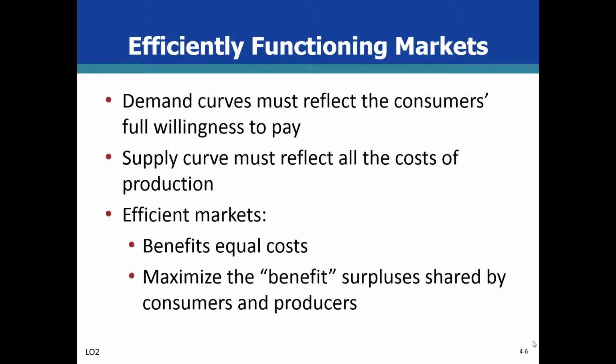Economists maintain that properly functioning competitive markets achieve economic efficiency. When they are efficient, two conditions must hold. Demand curves must reflect the consumer's full willingness to pay, and the supply curve must reflect all the cost of production.